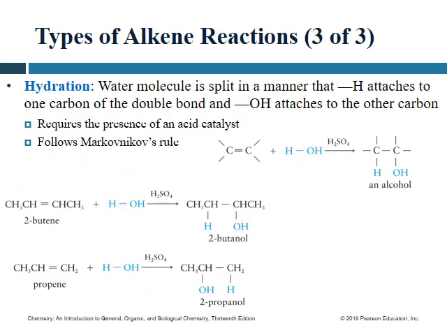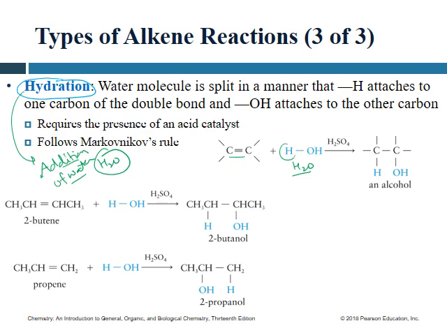Now let's talk about the next reaction called hydration. As the name says, hydration means addition of water, H2O, across a double bond. So you have a double bond, you have water, which is H2O. We usually write H and OH, which come as water.